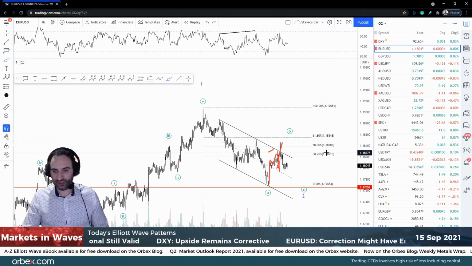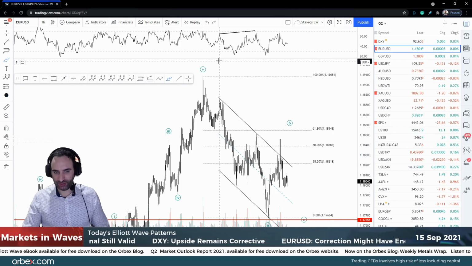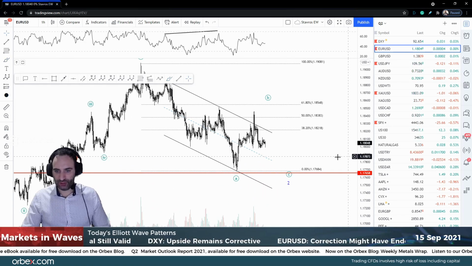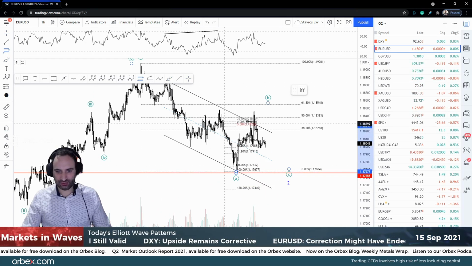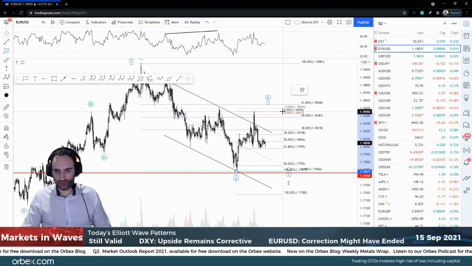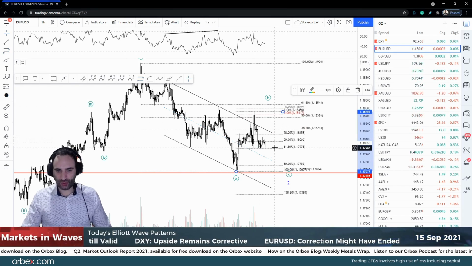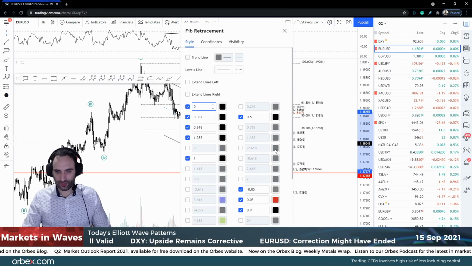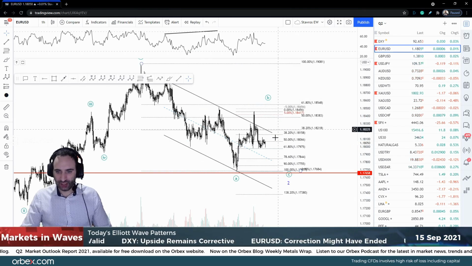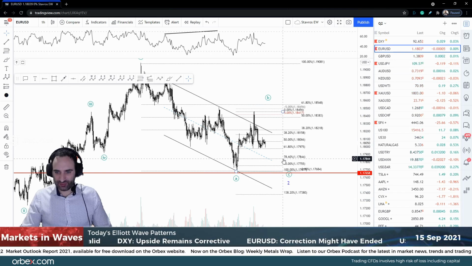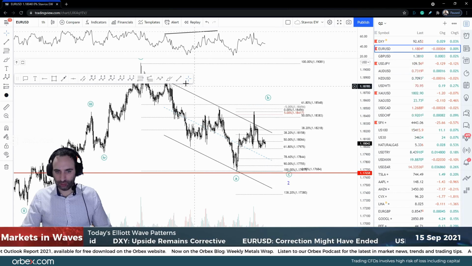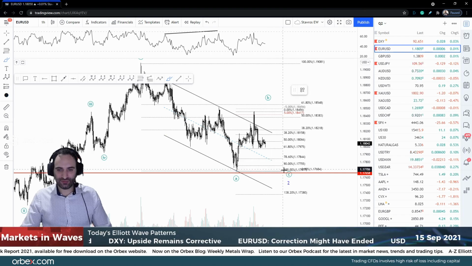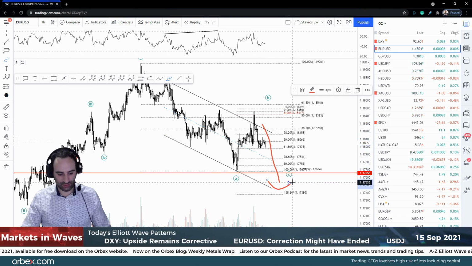Okay, so what we really need to pay attention to in this particular structure would be the break of certain levels. Okay, so we are looking for upside. So 61.8 has so far held. We need to add the 78.6 and look at 117.84. In case we break lower, then the chances of that being a wave C are going to increase.